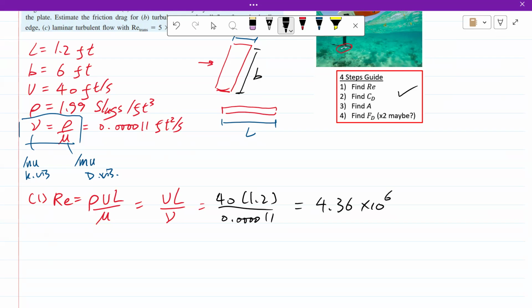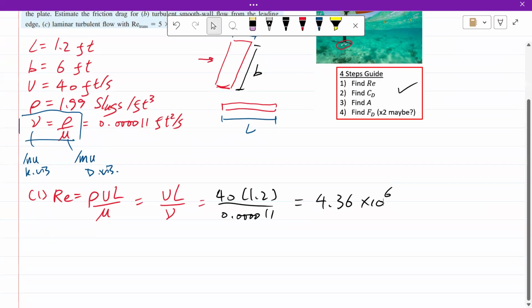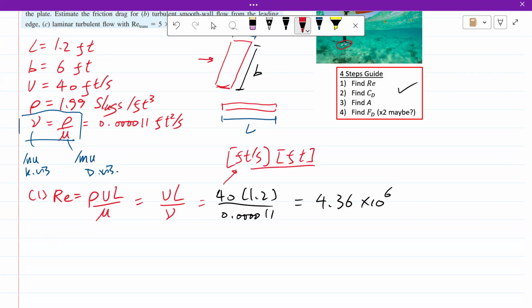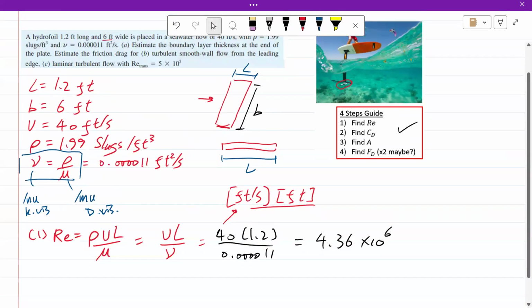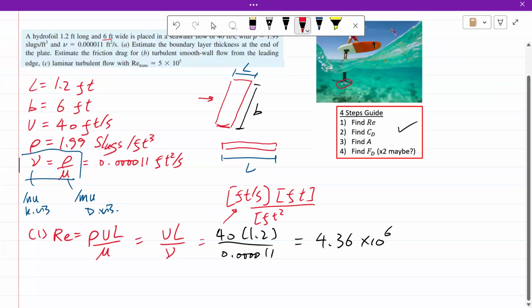There's actually a good way to check if you used the right viscosity: basically conducting a quick dimensional analysis. Velocity is feet per second. Length is feet. Viscosity, we're given the unit, feet squared per second.